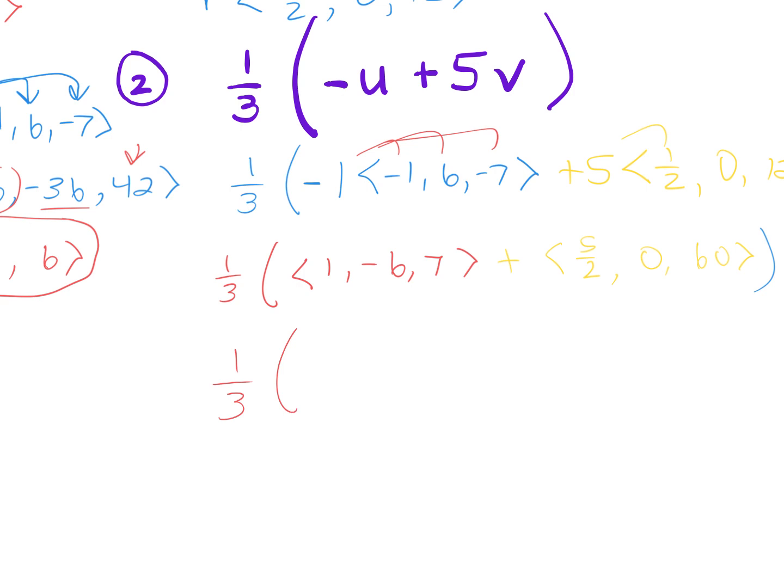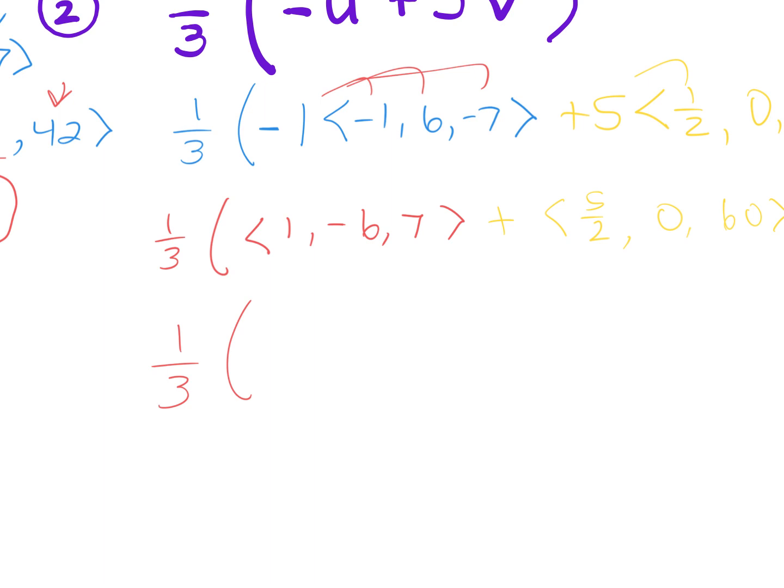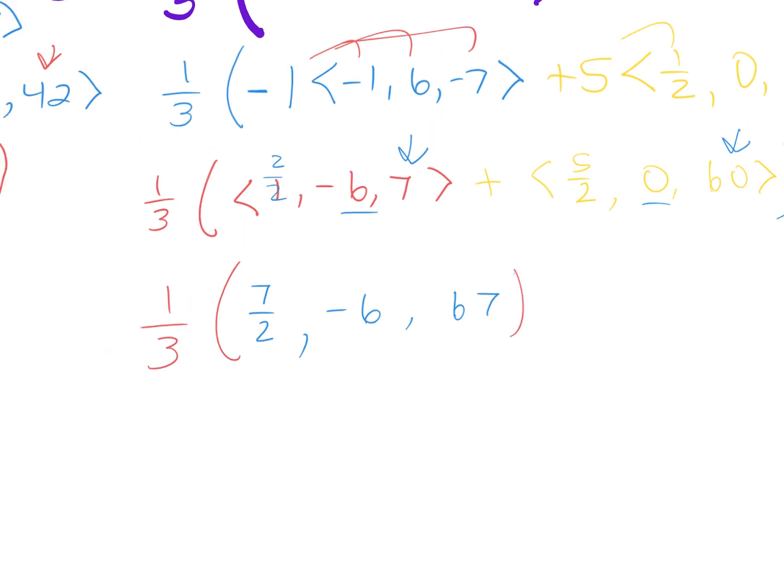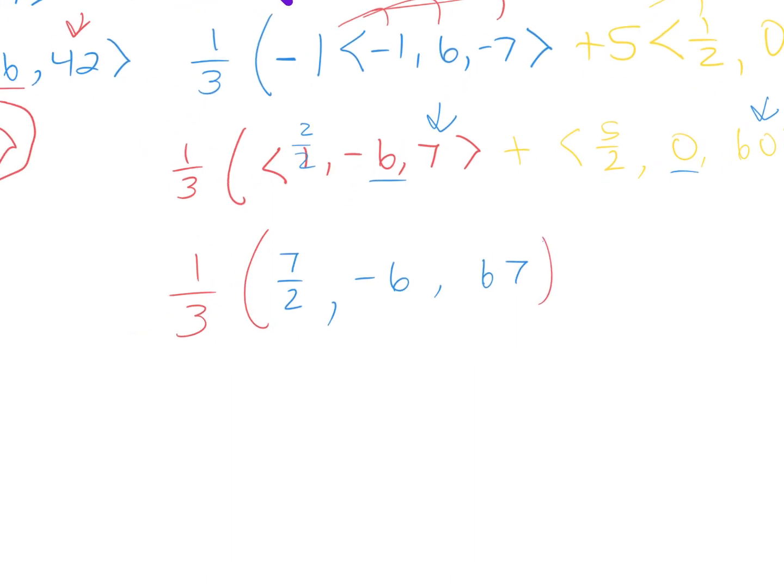We're adding vectors. So I have 1 plus 5 halves. Well, 1 is the same as 2 over 2, correct? So 2 over 2 plus 5 over 2 is 7 over 2. 7 halves, good. Negative 6 and 0 is negative 6. And then 7 and 60 is 67. And then what is the last thing I need to do? Distribute your 1/3.